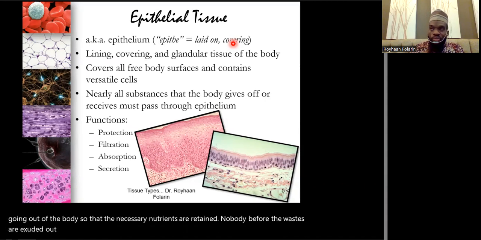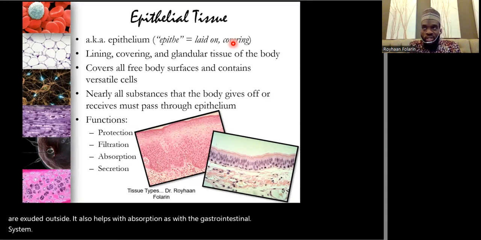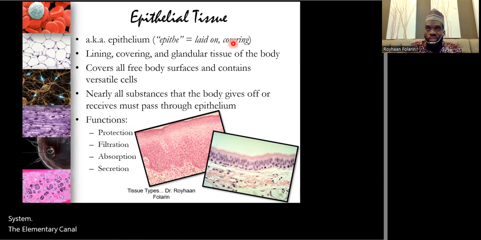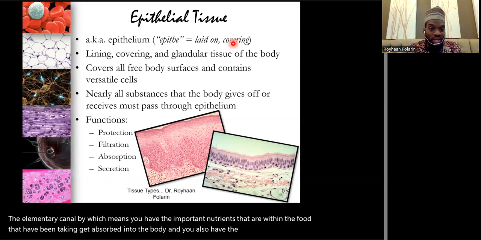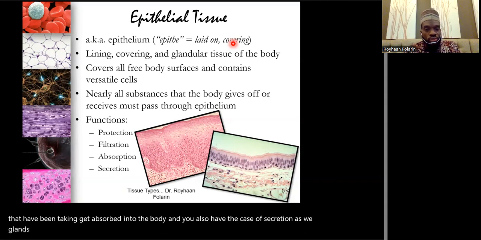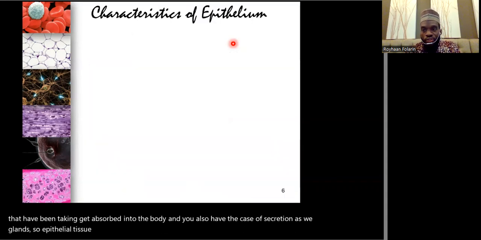It also helps with absorption, as with the gastrointestinal system, the alimentary canal, by which means the important nutrients that are within the food that have been taken get absorbed into the body. And you also have the case of secretion, as with glands. So epithelial tissue has these many functions.